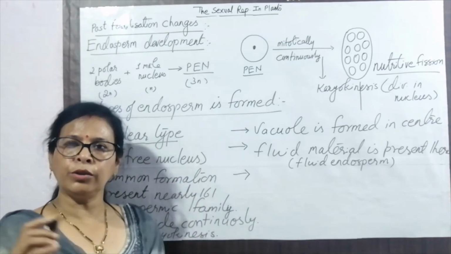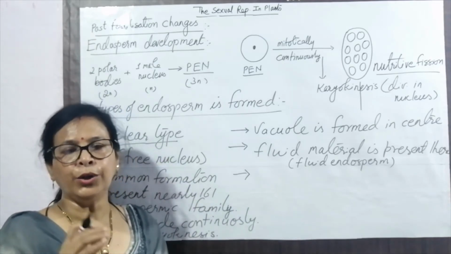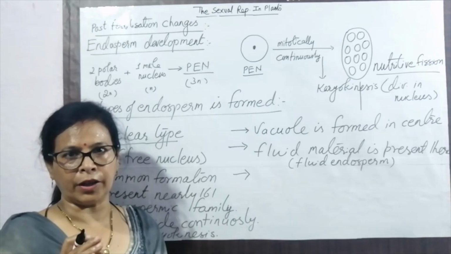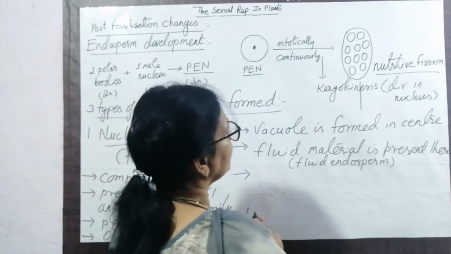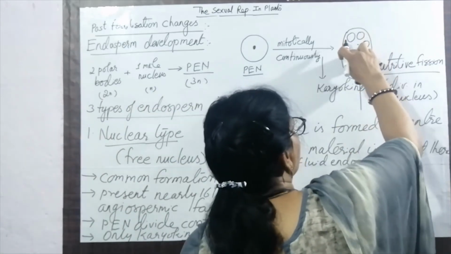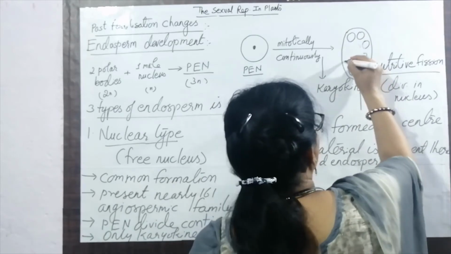Then what happens? Due to the formation of the central vacuole, all the nuclei start moving towards the periphery, meaning the outer part.